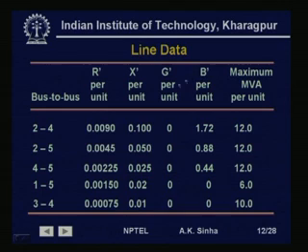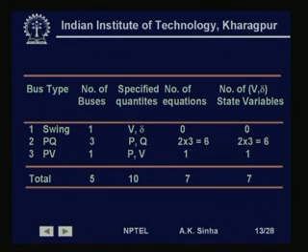So, the data like this R, X, G, B and maximum MVA limit for the line will be specified. This data is used for forming the Y bus matrix.